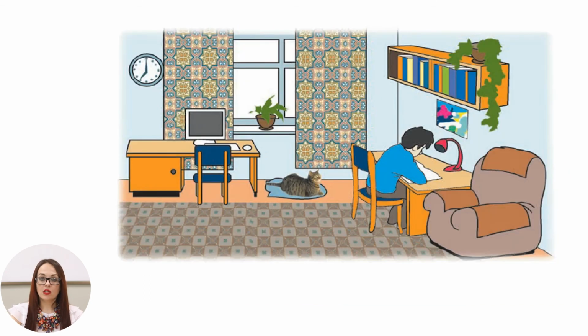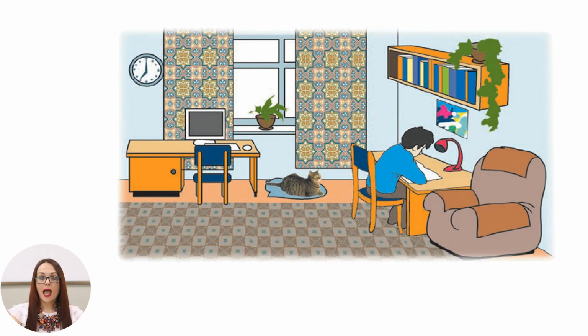Look at this picture of Tom's room. Let us describe the room using as many prepositions as possible. In some cases, we can use some, any, or no. This is Tom's room.